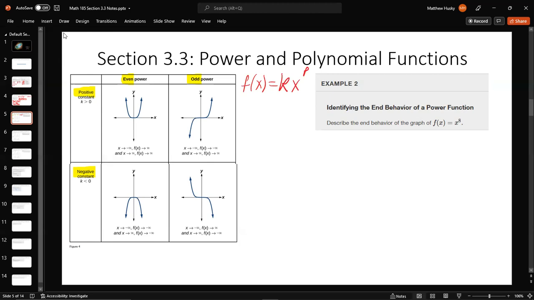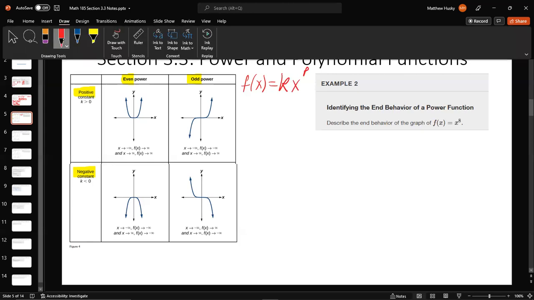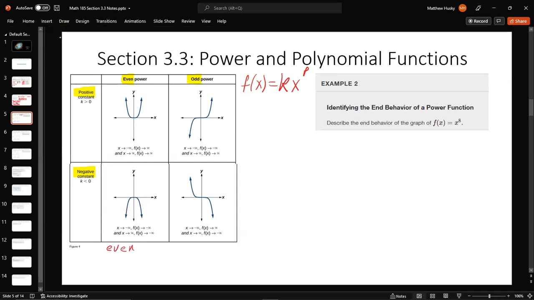Now, if you have an even power, either this kind here or this kind here, the thing to notice is that for the even powers, both ends are going in the same direction. Either both of them go up or both of them go down. So for an even power, the ends are going to go in the same direction.